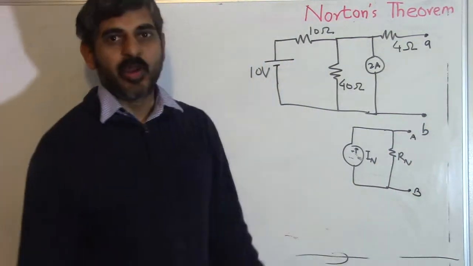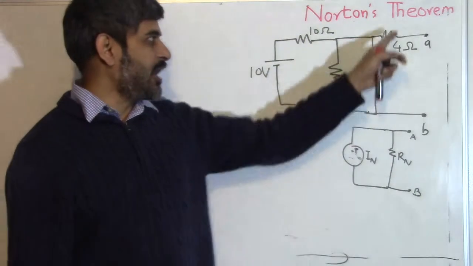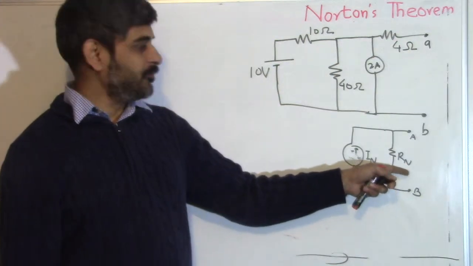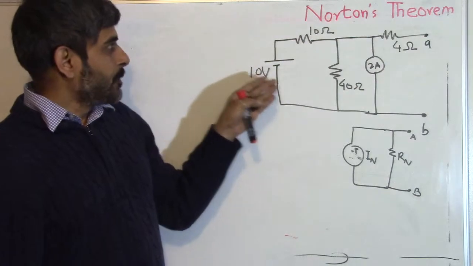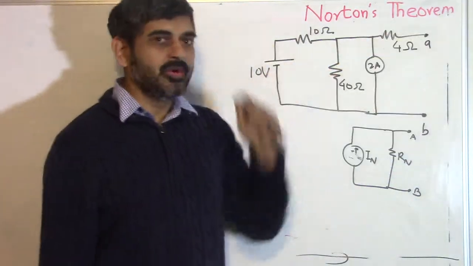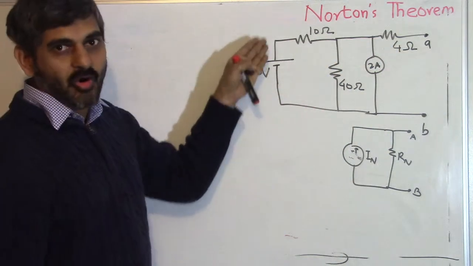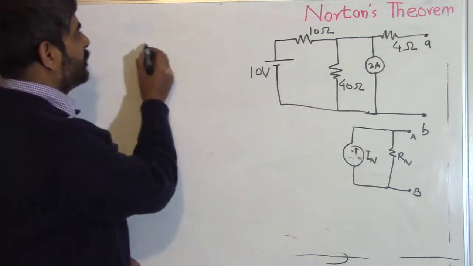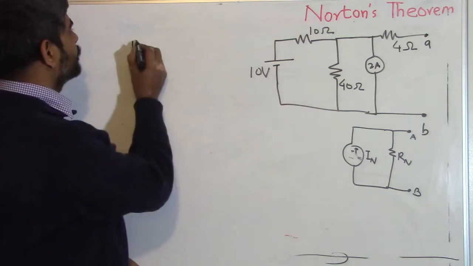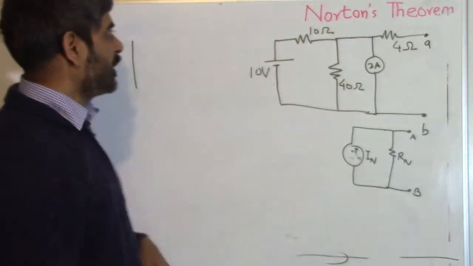So let us try to find out the Rn first, the easier stuff. How do we find Rn? Mentally remove this load resistor. We are not showing any load resistor here. Mentally it's removed. All the voltage sources are replaced by short circuits, so this becomes like this, and all the current sources are opened up.